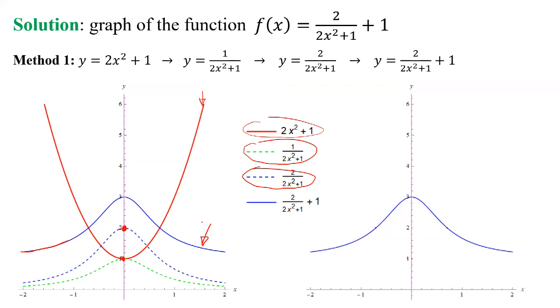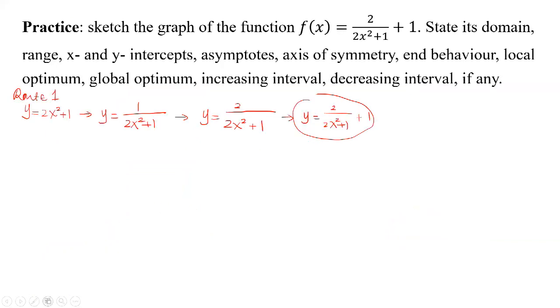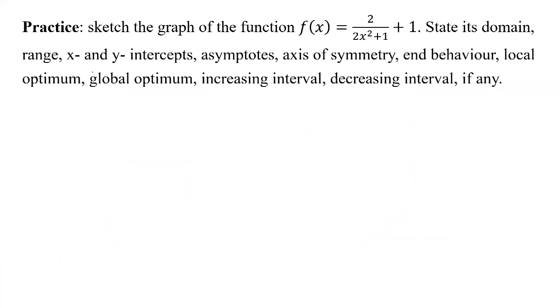Okay, so this is our first method. The other route is you can also consider that f(x) is actually, if we divide both the numerator and denominator using a 2, it's actually 1 / (x² + 1/2), and then plus 1, right?